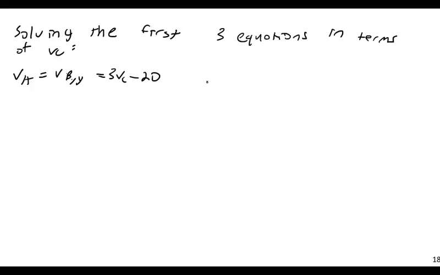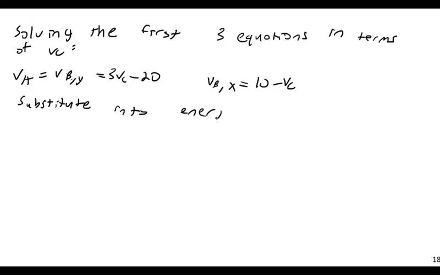And then VB,X is equal to 10 minus VC. So then I want to substitute these two terms into the energy equation.